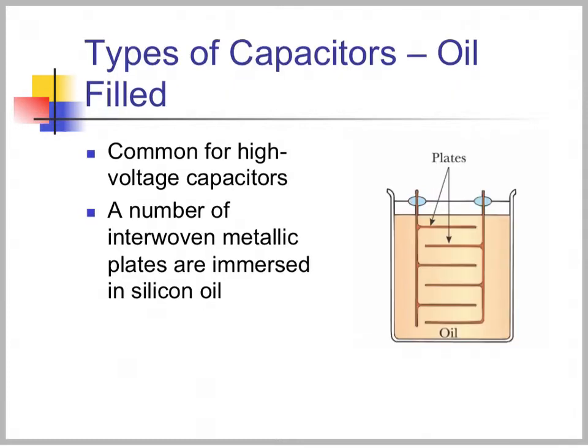Oil capacitors are common for high voltage applications. I'll have a sealed container filled with oil, which is a dielectric. Then I'll have one side connected to a series of plates, and another side connected to some other plates, and I get the capacitance between those plates.